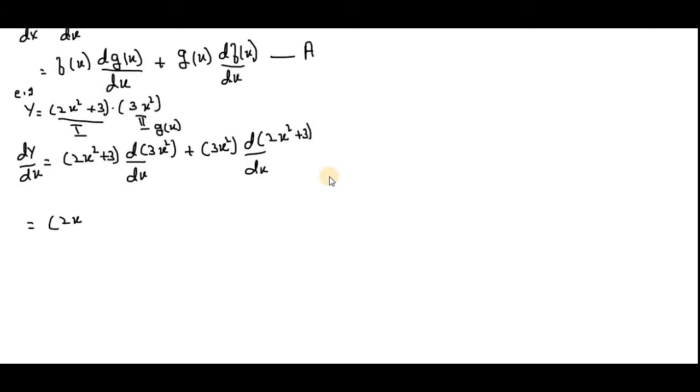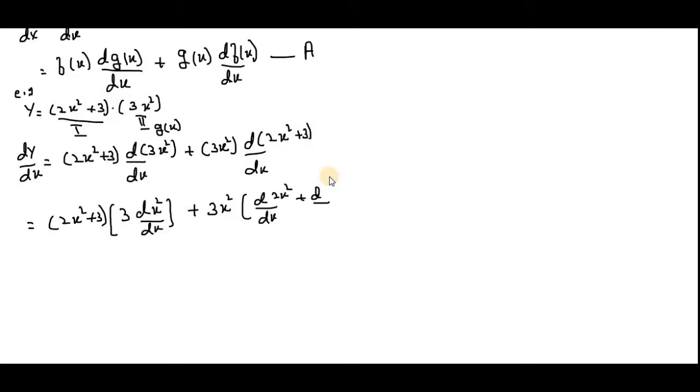Now 2x square plus 3, and here again we'll first of all apply the constant times function dx, plus 3x will remain as it is, and here we are going to apply the sum rule because there are two functions which is being added.